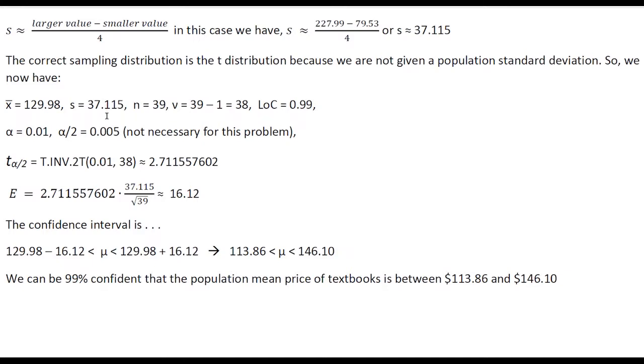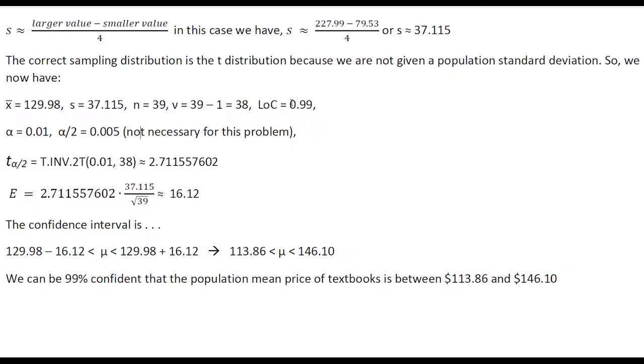We have an approximation for my sample standard deviation of $37.115. We have n equal to 39, and since we're using the t distribution, we need to find nu, which is 39 minus 1, or 38.